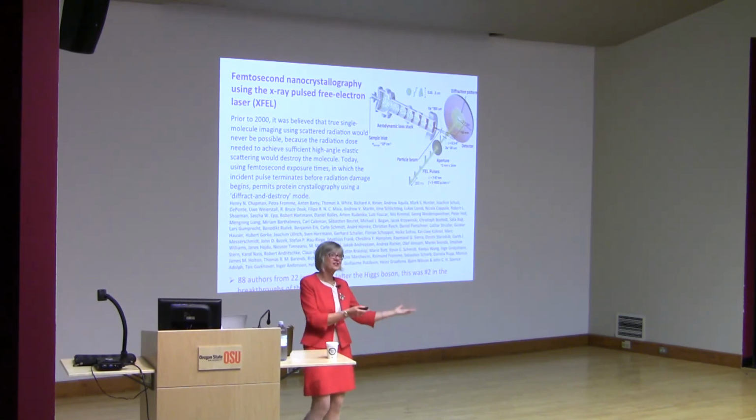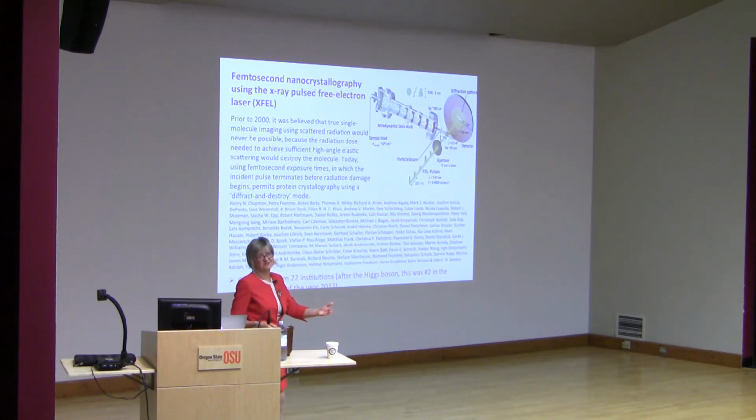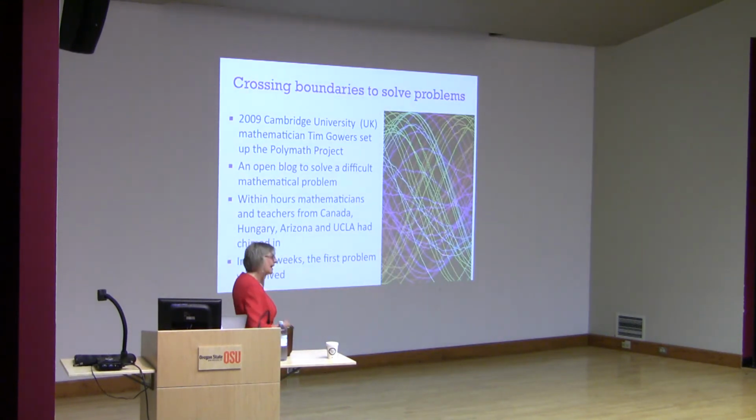So all the predictions would have said, you can't do it because the material is destroyed before you collect the data. However, it turns out that it wasn't. And again, this is something that will only come about if you have somebody from a different area ask a question that would never occur to somebody who has already predicted it's impossible to do something like that. So again, different perspectives help to solve problems.